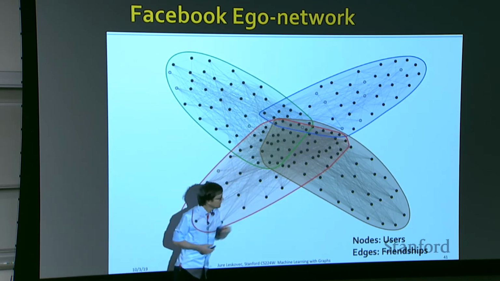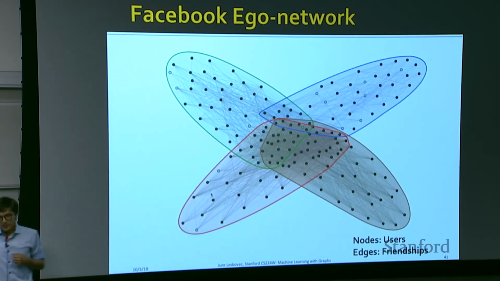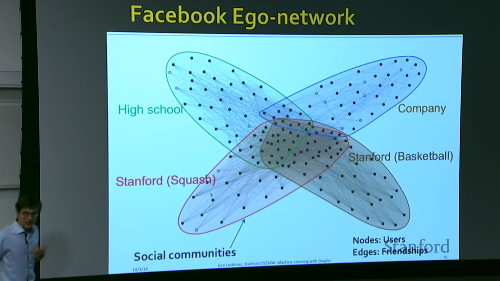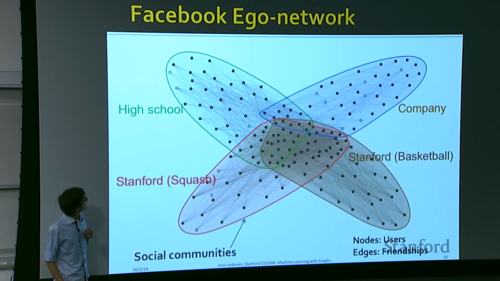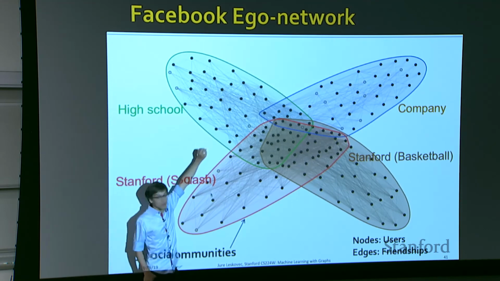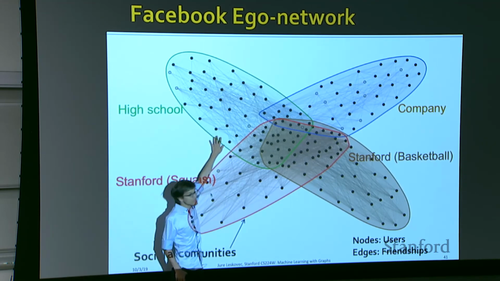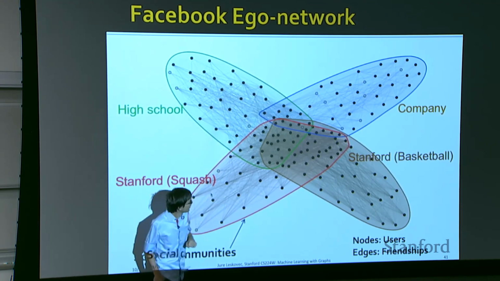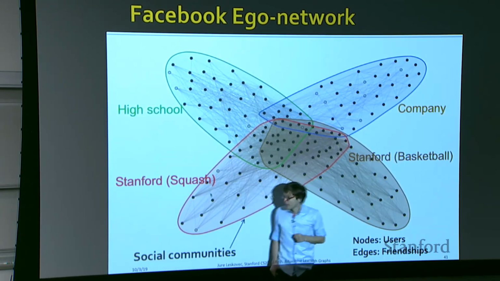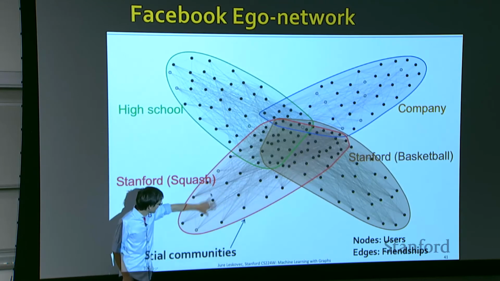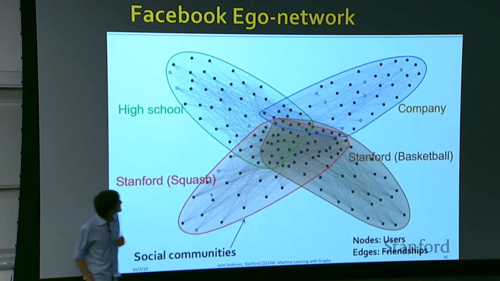Here they are. And you can even go and label them. So this was a student in my group who's from Korea. So there were quite a few friends he has from high school. He also has friends at Stanford who he was playing basketball with. And then he also has friends at Stanford who he plays squash with.